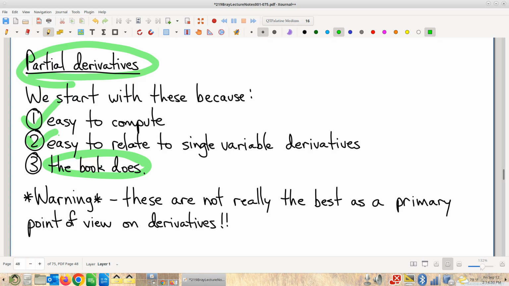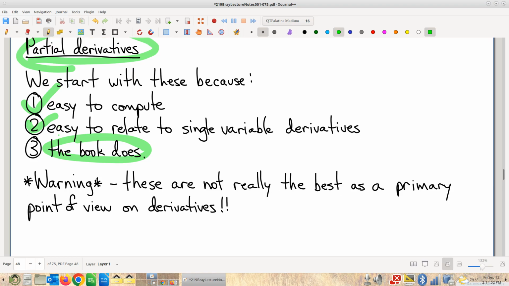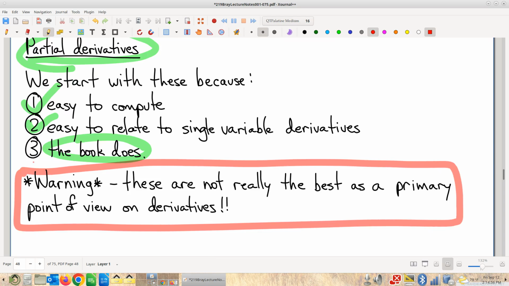The problem, and what makes me uncomfortable about this, is that when you leave this course, I hope that you are not still thinking of partial derivatives as being sort of your cornerstone, the fundamental point of view on how to think about multivariable derivatives. They're really not good for that.